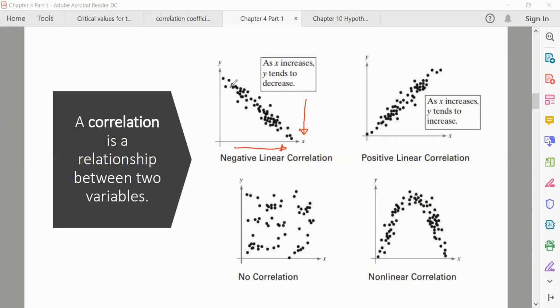So they start high and end low. So this is a negative correlation, and it's a linear correlation because it's a line.